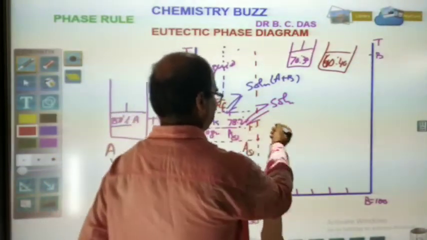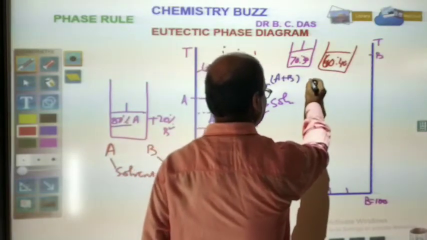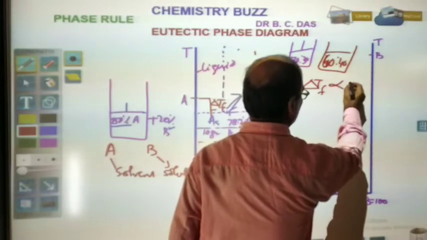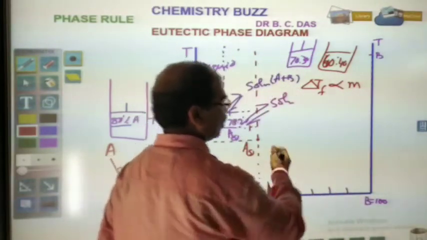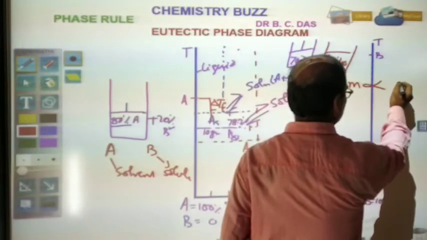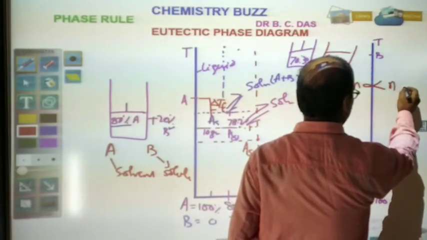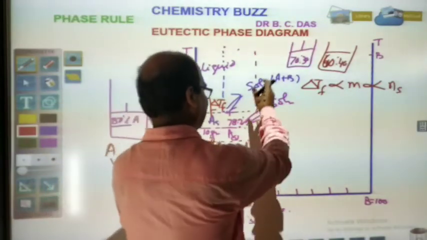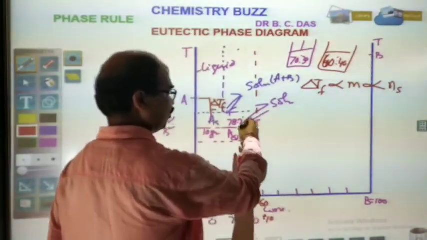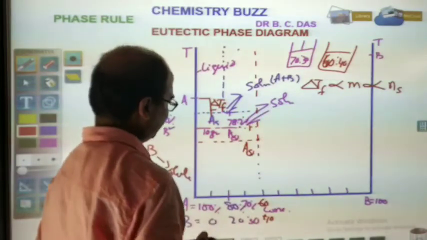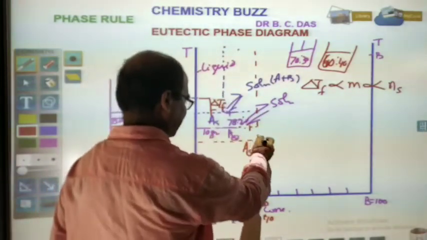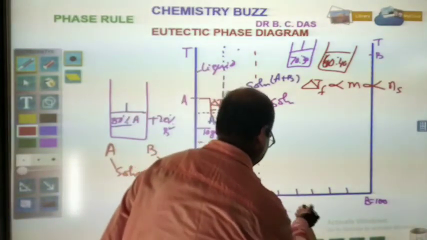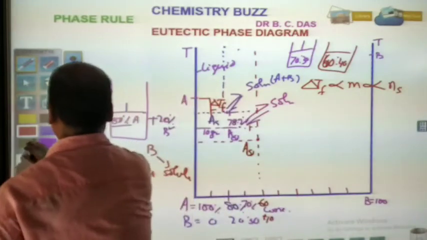The depression in freezing point, delta T A, is proportional to the molality of the solution, and the molality of the solution is proportional to the number of moles of solute, that is B. So as the moles of B increase in the solution, the freezing point decreases gradually lower and lower.